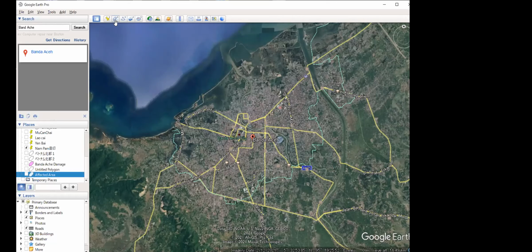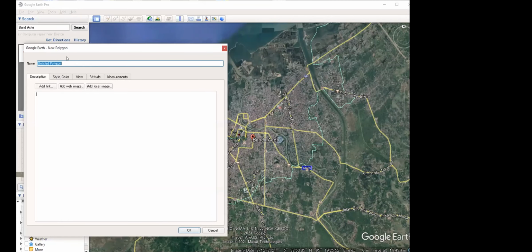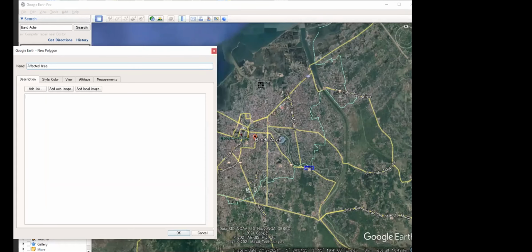Please click this one and keep the new polygon property, and put in a name you like, and still keep this window.